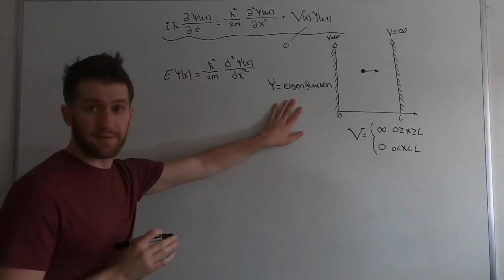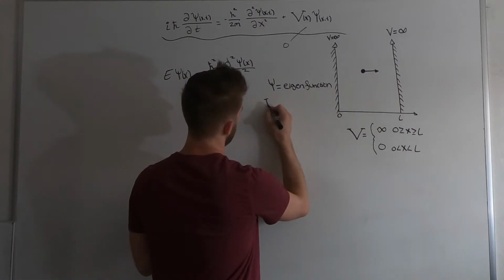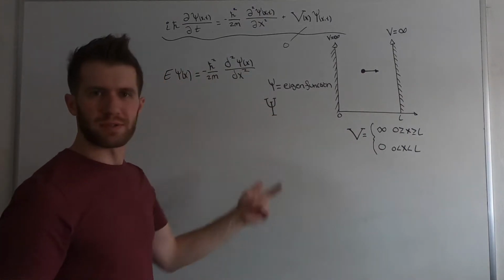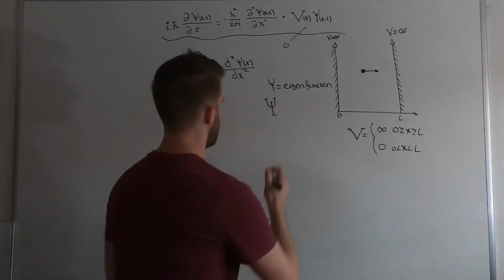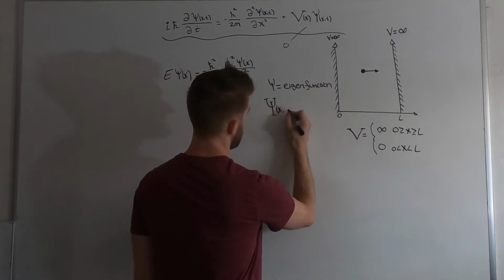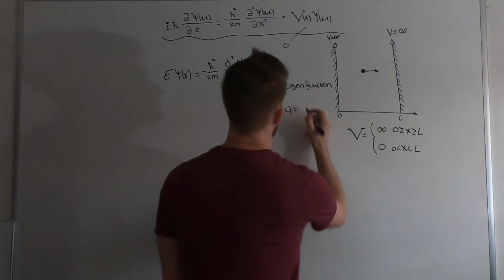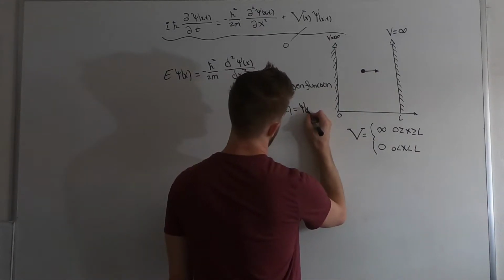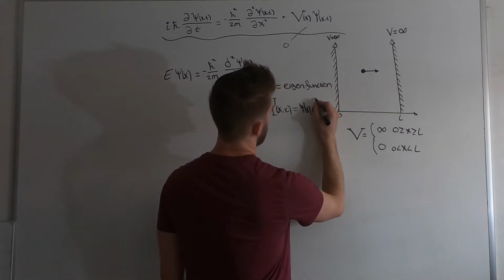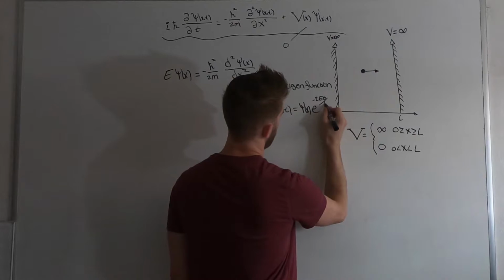But the wave function that we are looking for is a capital psi. It's a little bit more regal, right? So this is our wave function, and it has a dependence on x and t. This is going to be equal to our eigenfunction, which has a dependence on x, multiplied by e raised to the negative i E t over h bar.